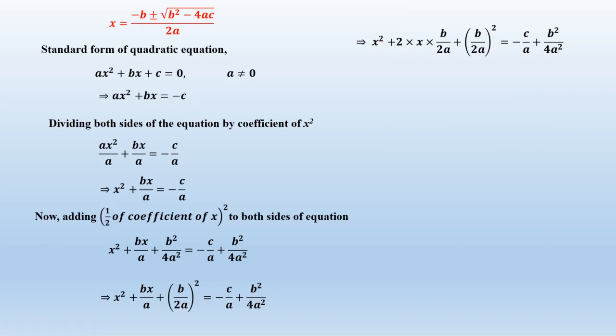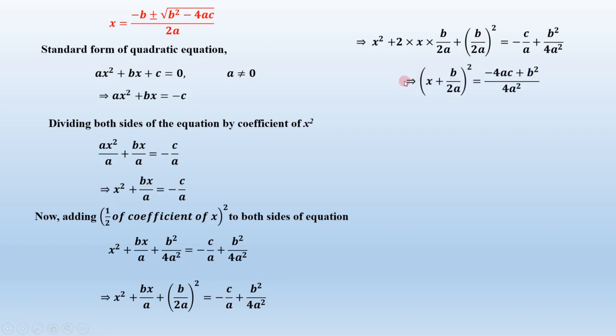Which means we are reducing the left hand side of the equation into the form of an algebraic identity, which is: a squared plus 2 times a times b plus b squared. And we know this algebraic identity is equal to a plus b whole squared. So this means we have to plug in the value of a equal to x, and we have to plug in the value of b as b over 2a.